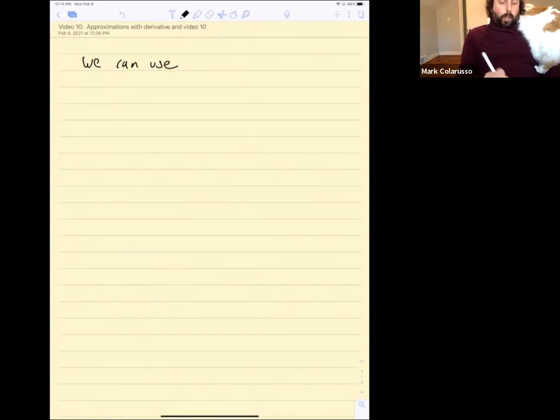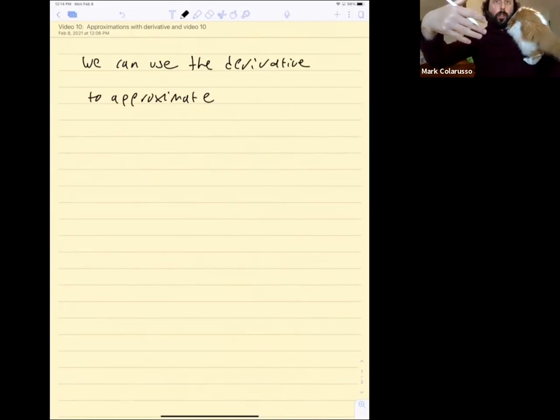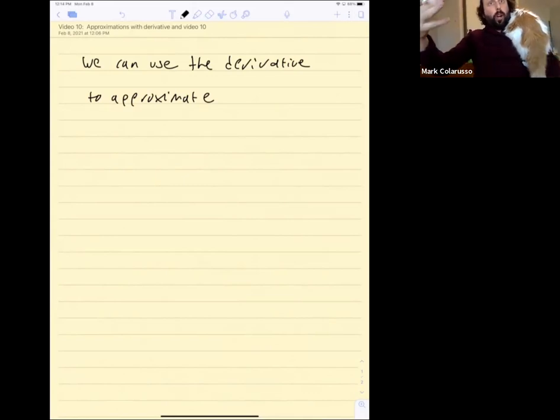Okay, we can use the derivative to approximate not just the function one value beyond where we are. In the previous video, we talked a lot about marginal cost and marginal revenue, and we saw how we could use the marginal cost to estimate the cost of producing X plus 1 items if you know the cost of producing X items.